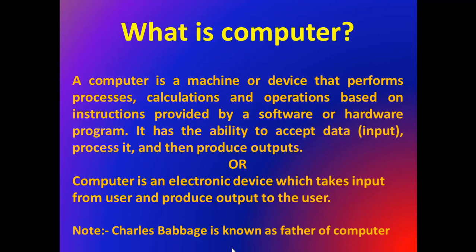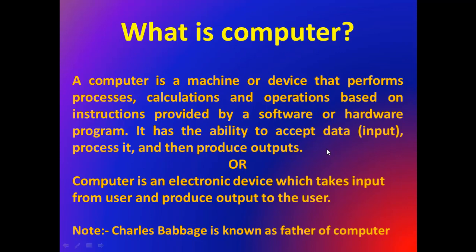A computer is a machine or device that performs processes, calculations, and operations based on instructions provided by a software or hardware program. It has the ability to accept data input, process it, and then produce outputs. Means a computer works on our instructions.